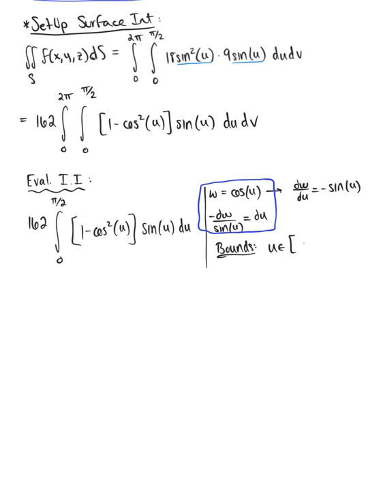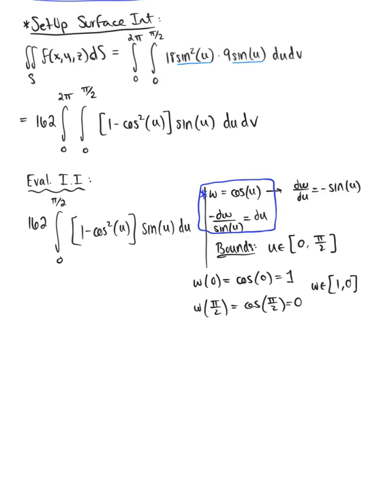We know that u is an element of the closed interval from 0 to pi over 2, but we've now redefined the variable to be w. So we can say that w of 0 is cosine of 0, which gives us 1, and then w of pi over 2, cosine of pi over 2, goes to 0. So this says that w is an element of the closed interval from 1 to 0, which is certainly a contradiction, but we can easily fix these bounds with the order of integration property.